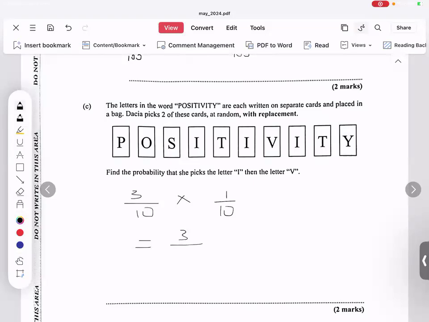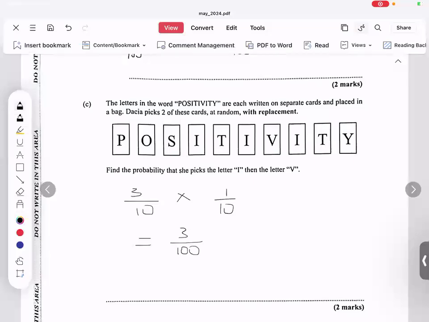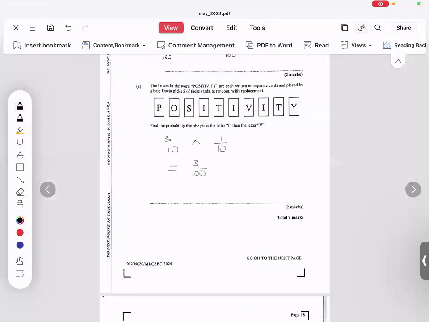And 10 times 10 is what? 100. And that's it. So when you want to find the probability of someone picking something followed by something else, find the probability of one, find the probability of the other, and then multiply the two probabilities. And you get your answer. And that is 9 marks.